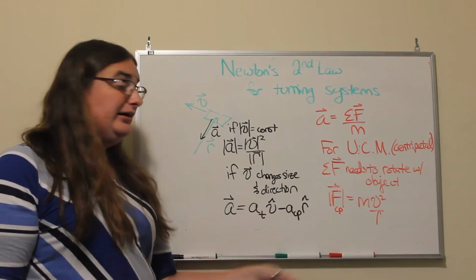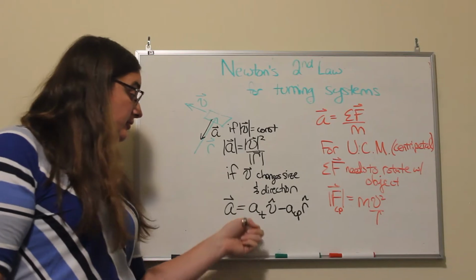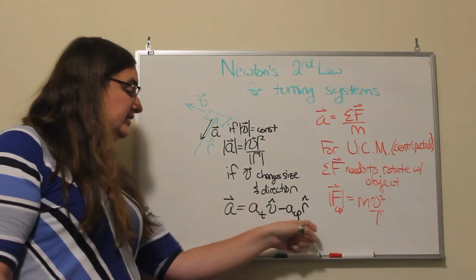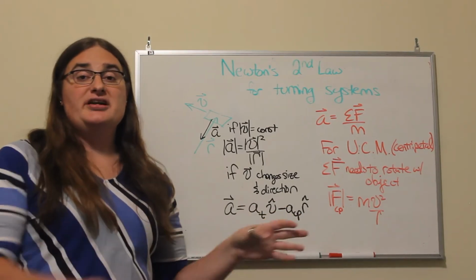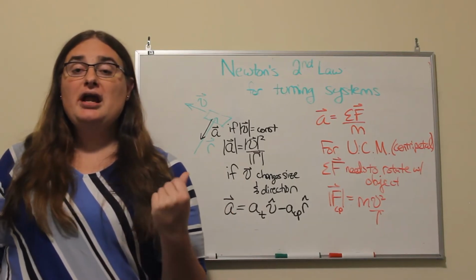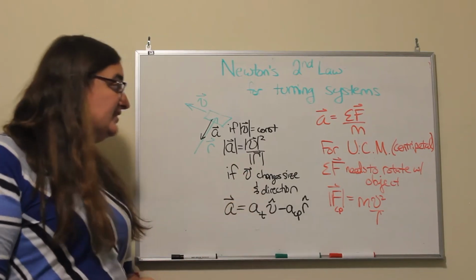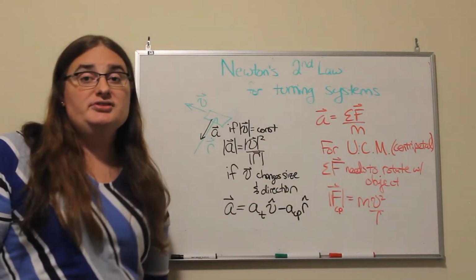And v hat and r hat are perpendicular to each other, so these are independent 90-degree differentiated vector components.